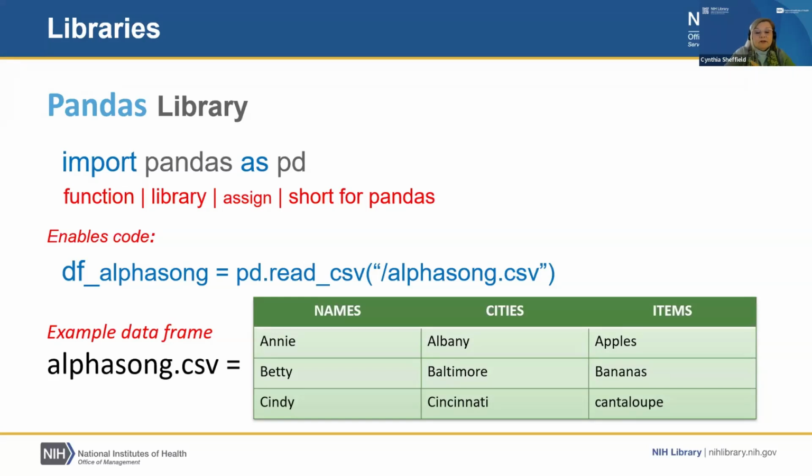To bring this library into your code, you would simply type in a coding example as shown on the slide, import pandas as pd, and just using that as pd allows you to perform some shorthand on the code, which really saves you a lot of time eventually.